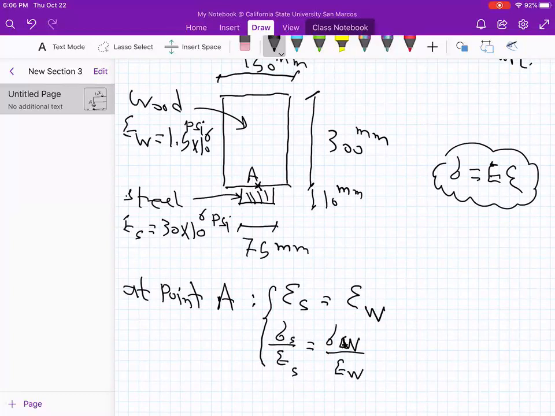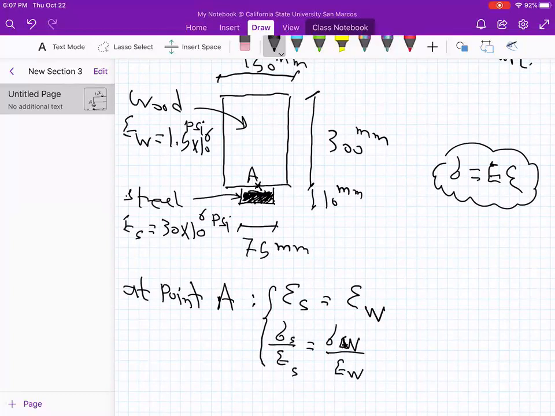How can we find the equivalent wood instead of steel? We know this is the area of the steel. In this area we have an applied stress, and stress times area would be the force.